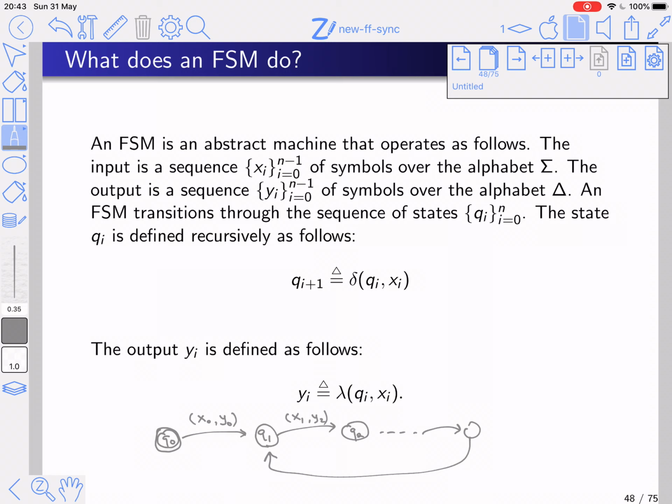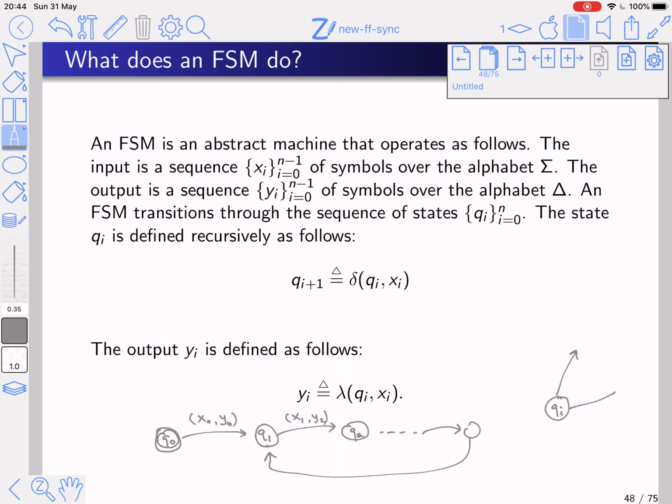The second thing I want to emphasize is that when I'm in a state, say Qi, it is possible that I will get any one of the input symbols from the alphabet sigma. Let's say sigma contains 3 different symbols.